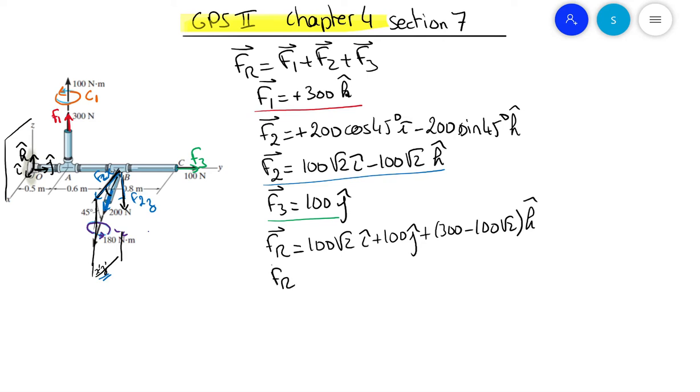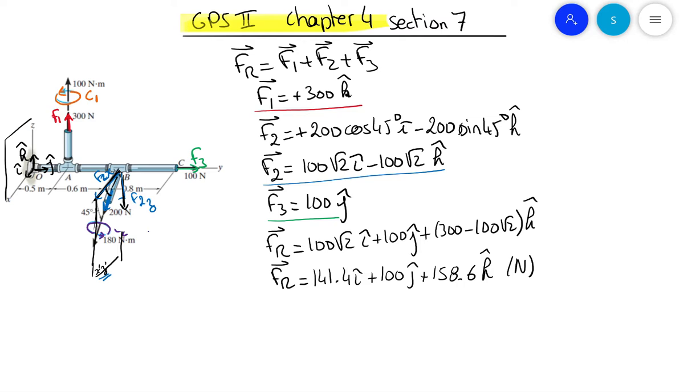Writing the numbers: 141.4 I hat plus 100 J hat, and 300 minus 141.4 is plus 158.6 on k hat, and everything is in Newtons.